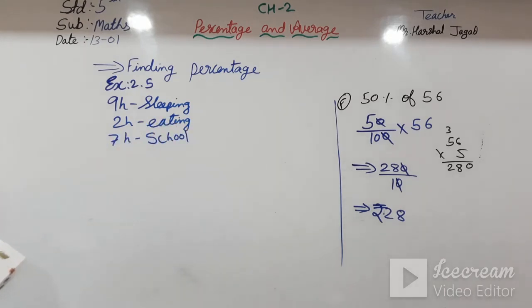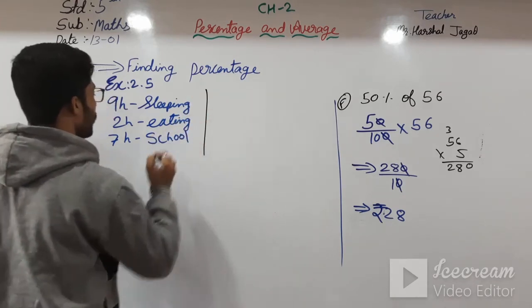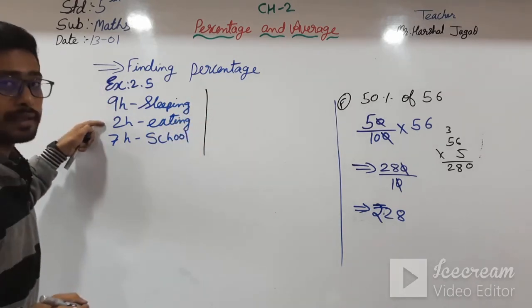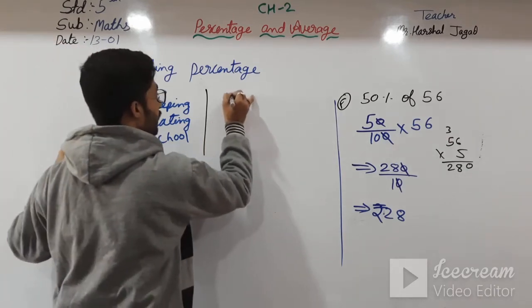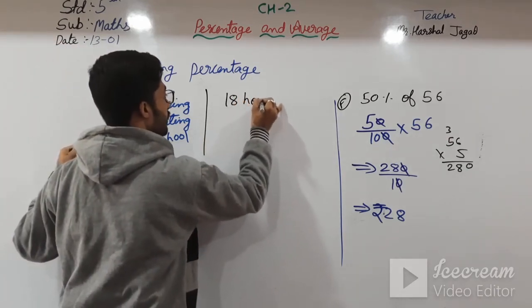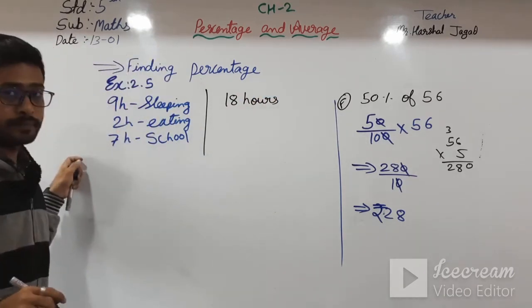So we have to find out what percentage of the day is left for other activities. First of all we have to do the total, that is 9 plus 2, that is 11. 11 plus 7, that is 18. 18 hours of the activity is done over here.